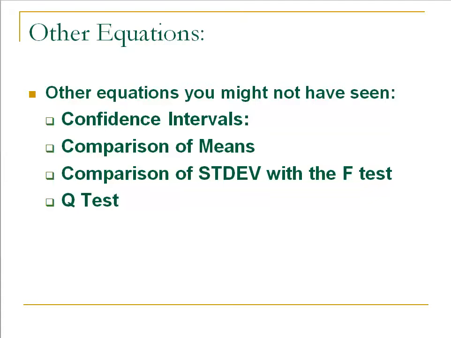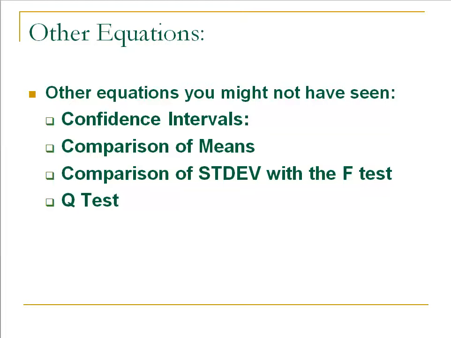We're also going to compare standard deviation. So if I had two people in the lab do the same experiment multiple times, one person gives me a set of data, one person gives me another set of data, and I look at their standard deviations. Are they the same?